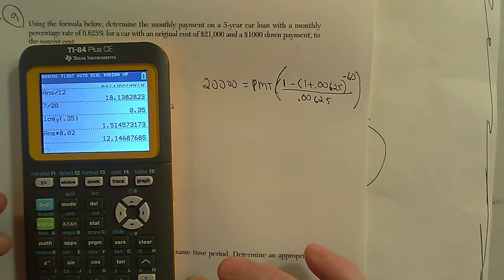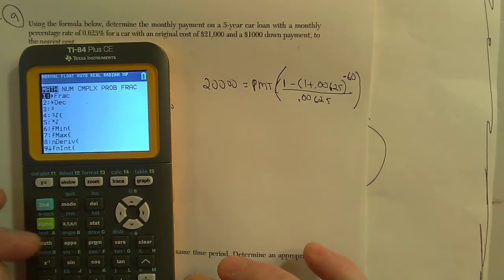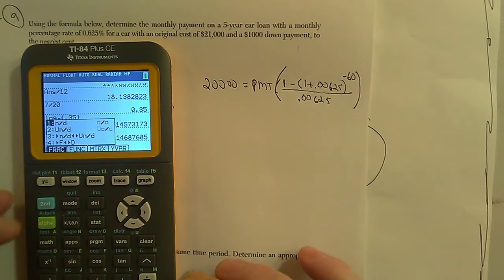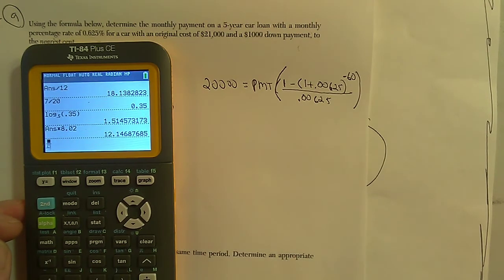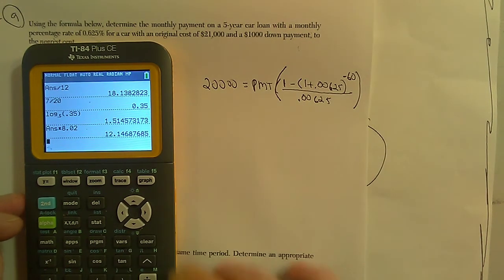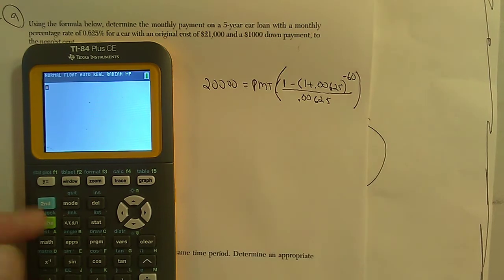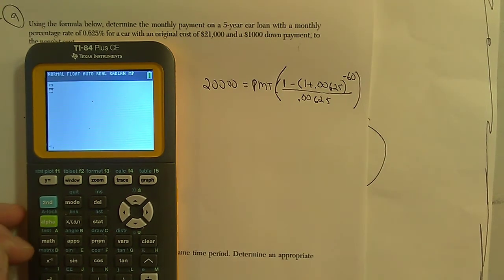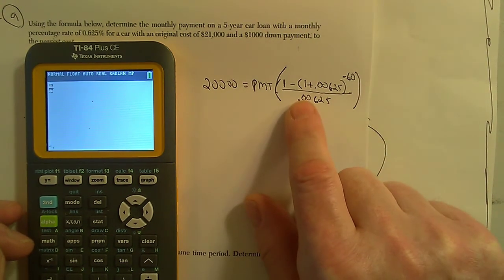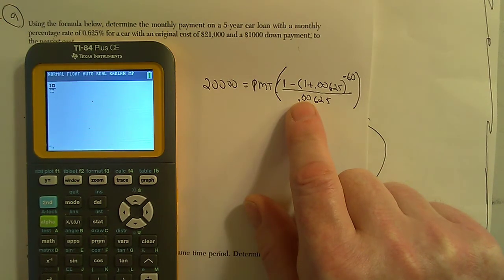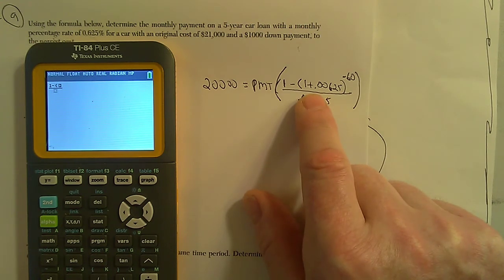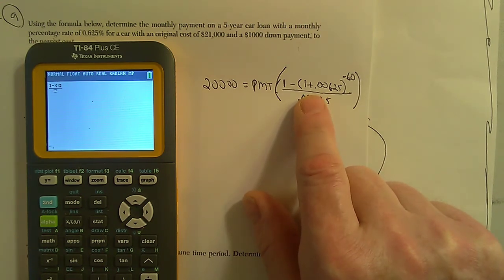So let's see, I'm going to go math, no, alpha y equals, get a fraction. I don't like looking at all that stuff. So alpha y equals, let's see, 1 minus parenthesis. I could write this as 1.00625. I don't need the plus sign in there. I can do that part in my head. 0.00625.